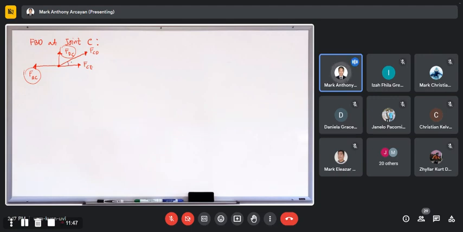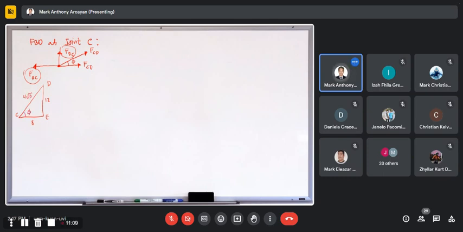What we lack is the angle. So we let it be phi. How do we get this phi? Let's go back to our illustration, the Pratt truss. In the Pratt truss, there is a section containing C, B, and E. This side is 8, and this side is 12. So how long is the hypotenuse? Using Pythagorean, you will find out that the hypotenuse is equal to 4 square root of 13.